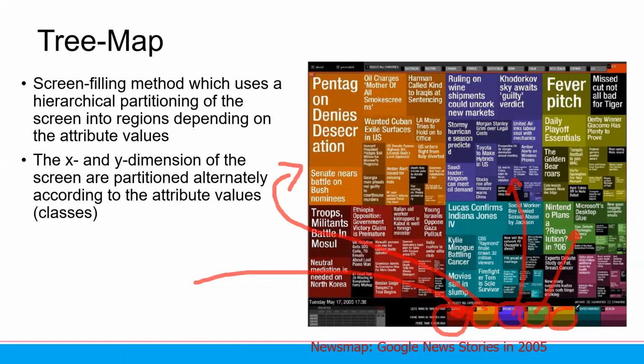The green to yellow is about sports. This one is about entertainment, and the purple is about health. We can distinguish based on the color.